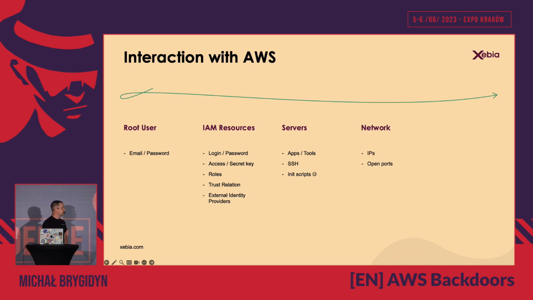Then we have the network level, and here usually I don't get access to the AWS API, but with access to the network, I can talk to other network resources, and usually if these resources are in your private subnets, there is no security around them because, hey, only we have access to that. And at the very end of our interaction with AWS, we have AWS services, which take some input data and do something based on this data.